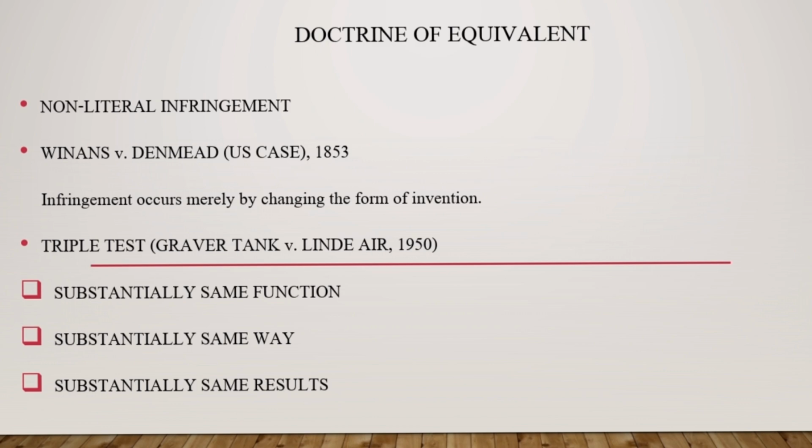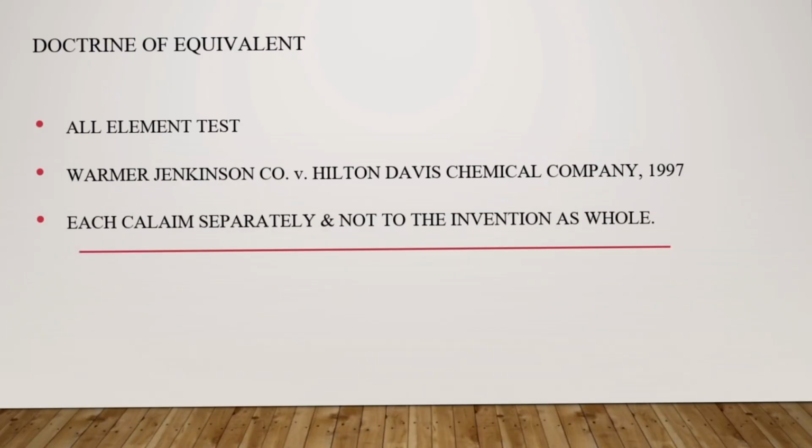Hence, this amounts to an infringement. Further, there is one more important test, that is the all element test. It is upheld in the case of Warner-Jenkinson Company versus Hilton Davis Chemical Company. Here the court held that it applies to each claim separately and not to the invention as a whole. I'll explain this sentence with the help of Winans' case. Here in the case, Winans claimed separately.